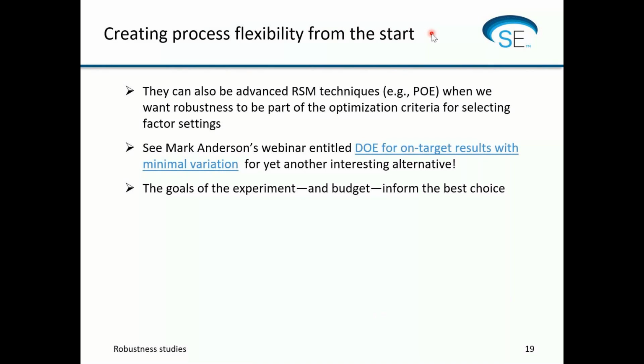Now, Mark Anderson has a webinar, DOE for on-target results with minimal variation. This is an interesting approach where he's going to have a second response, right? So in this, let's imagine we were looking at conversion in my little example. And let's imagine we collected 5 or 6 data points at each one of the different runs that we did.